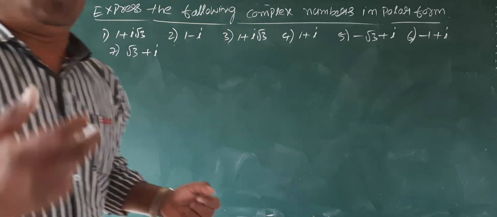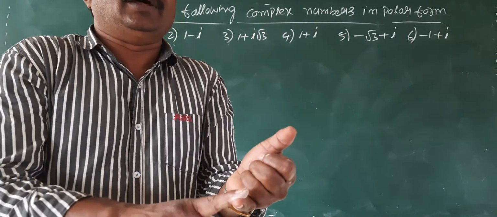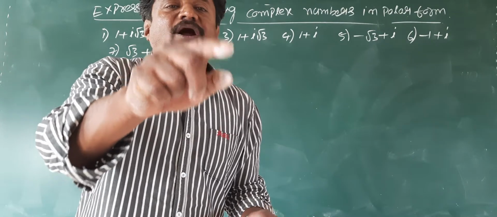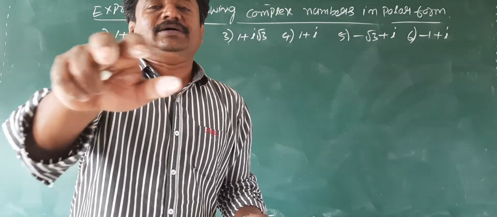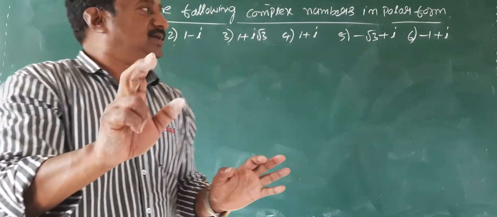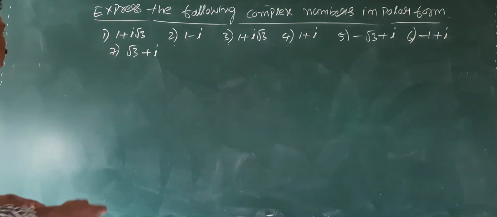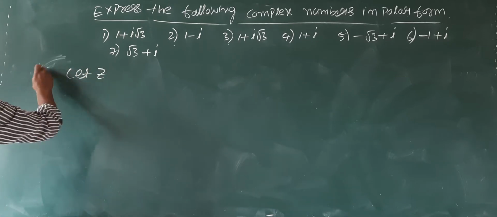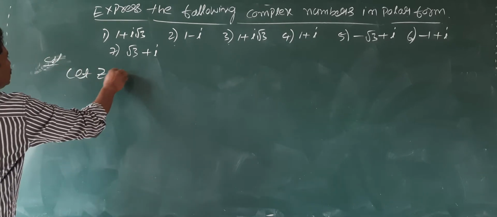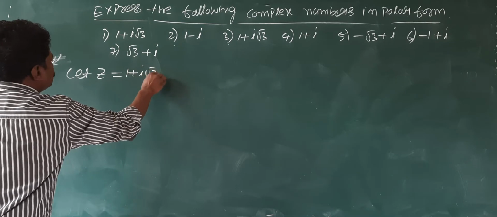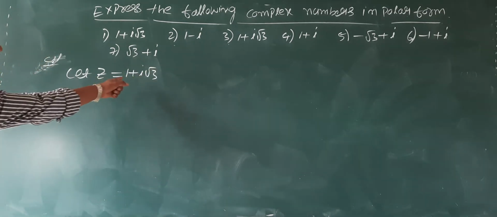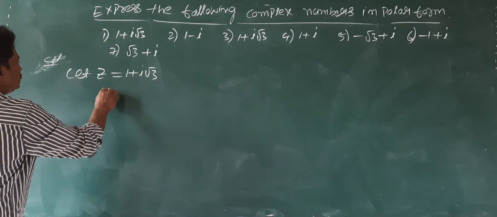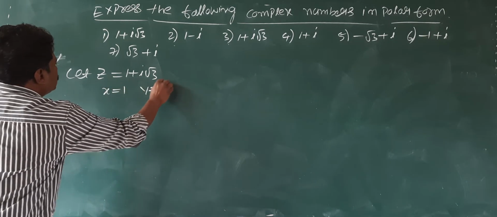To get the polar form, finding r and theta is required. If you know how to find modulus and argument, writing the polar form is easy. First let us take the first question. Solution. Let z equal 1 plus i root 3. Here x is 1, y is root 3.